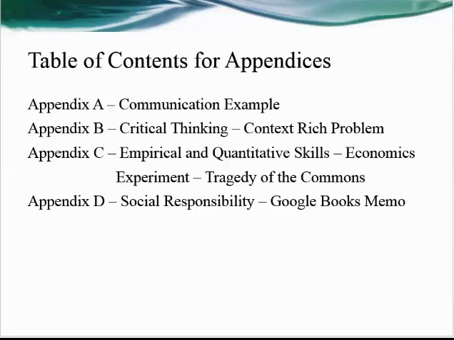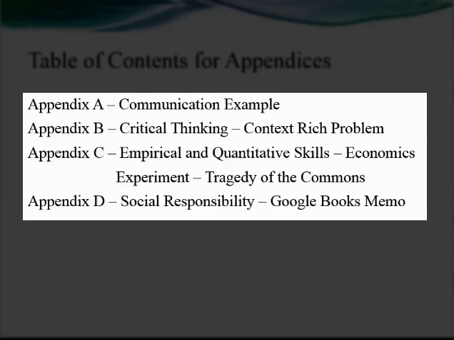There's the table of contents. It's not here in this presentation, but it is available inside Eagle Online through the core objectives. And there you'll find Appendix A. It won't be labeled Appendix A, but the first one is the communications example. The second one is critical thinking. That's that context-rich problem that I discussed. The third is the empirical and quantitative skills.